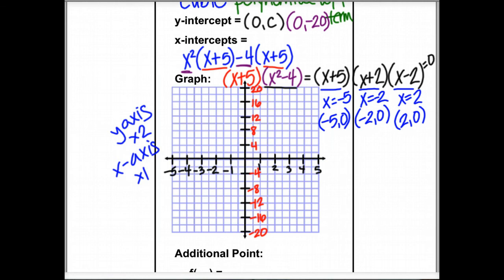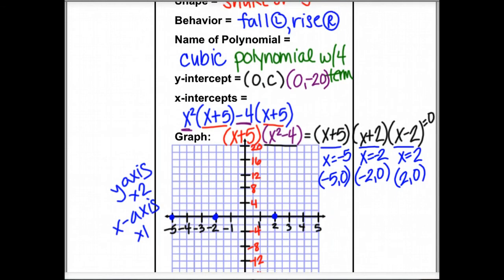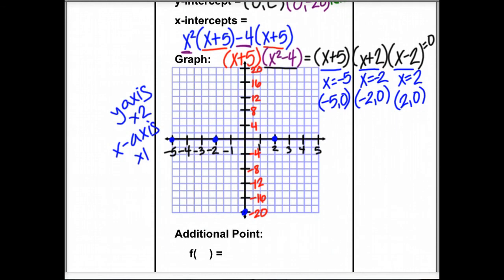Then I can plot my points. I have my y-intercept at 0, negative 20. I have x-intercepts at negative 5, 0, negative 2, 0, and 2, 0. And I know that this is supposed to, according to my table up top, fall to the left, which means I go down this way.